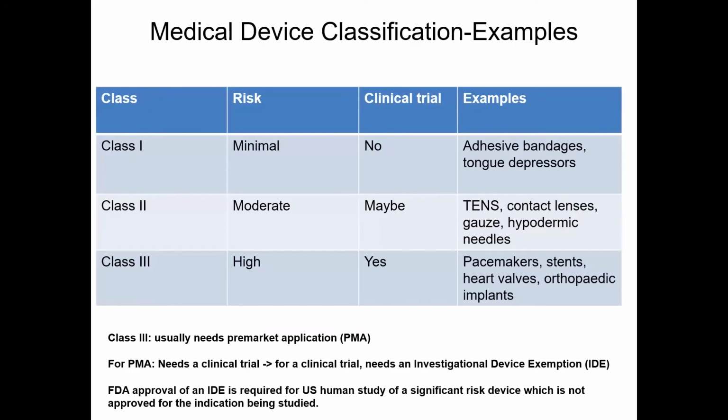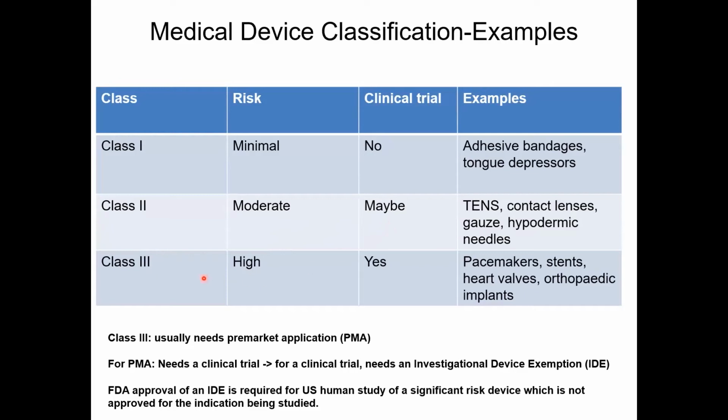Lastly, I will briefly discuss medical device clinical trials. The FDA classifies medical devices into 3 classes according to their risk. This classification may be different between countries, but may be similar. Not all medical devices require clinical trials.